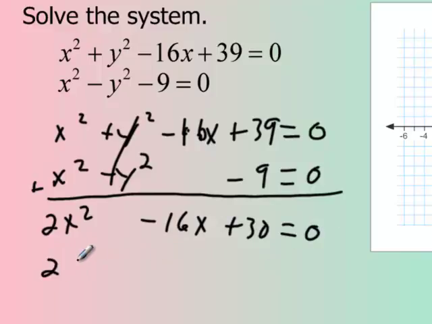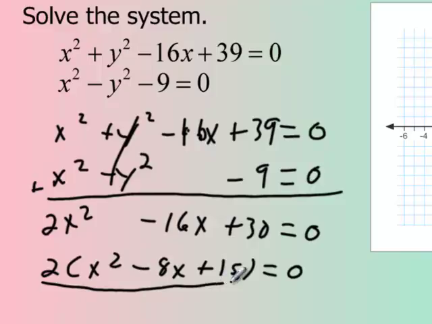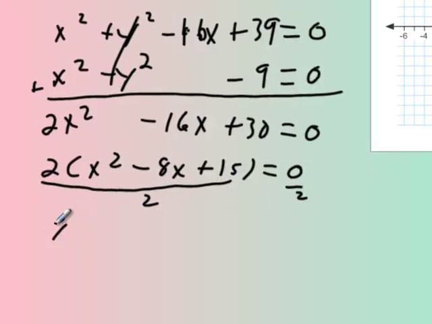I can factor out a GCF of 2, leaving me with 2x squared minus 8x plus 15 equals 0. And to help avoid confusion, we can divide both sides by 2, getting rid of that 2 altogether. Or we could have done that from the beginning. Either way, we would be left with x squared minus 8x plus 15 equals 0.